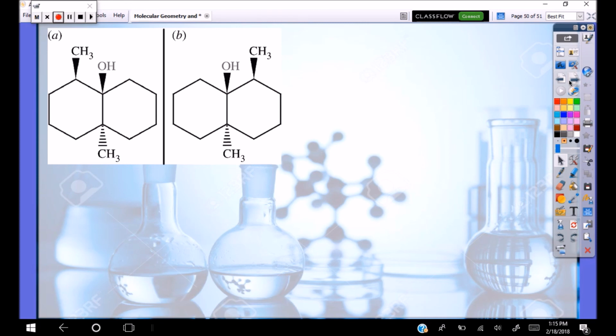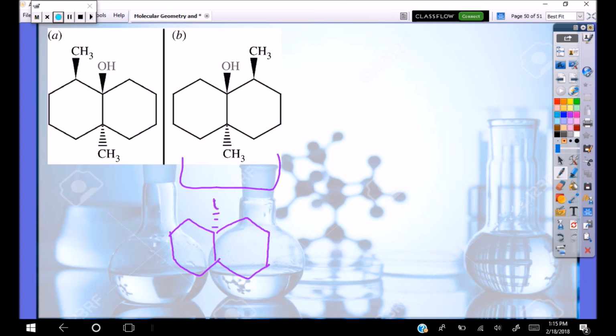So like in this example here, if we were to draw a mirror image, you see that these are mirror images of each other, but if I was to try and superimpose this back onto the original molecule, aka rotate it 180 degrees, I would see that this molecule actually would look something like this.